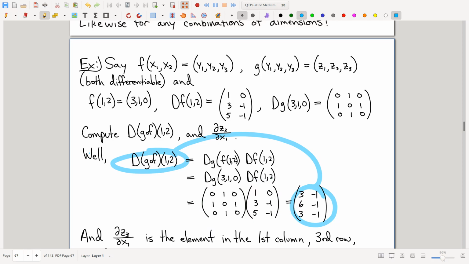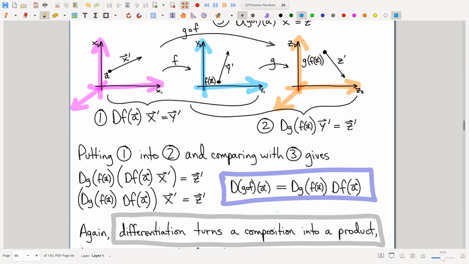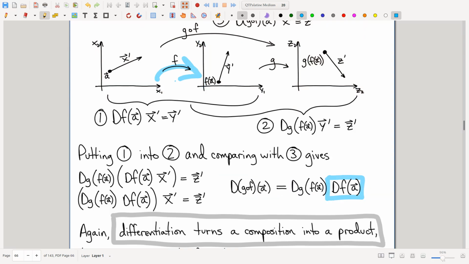Okay. Warning. Do be careful. It is very easy to mess this up by putting the matrices in the wrong order. It is super easy to mess that up. Now, notice, you really do have to get them in the right order here. I mean, this is non-optional, right? This one has to act what you might call first.